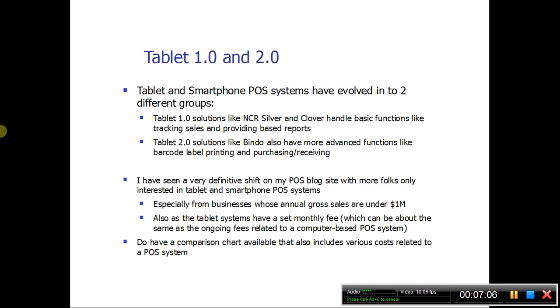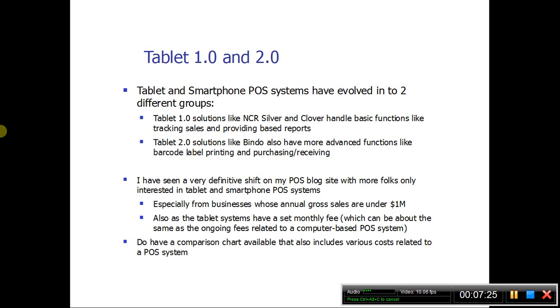Also, just looking at the statistics as well as the weekly calls and emails that I get via my point of sale blog site, a lot of folks are only interested in the mobile solutions that run on smartphones and tablets, especially if their gross sales are under 1 million.